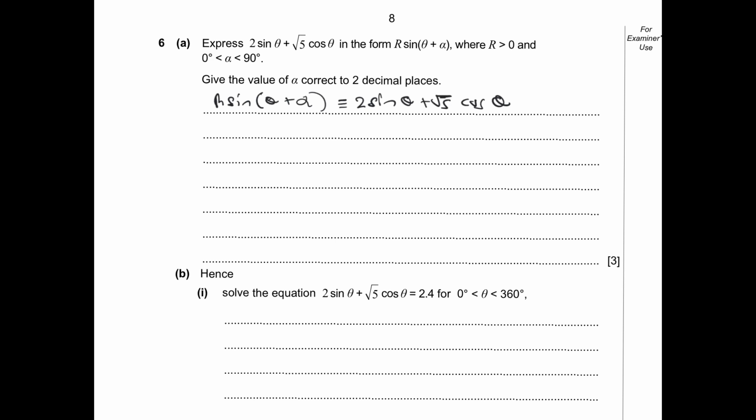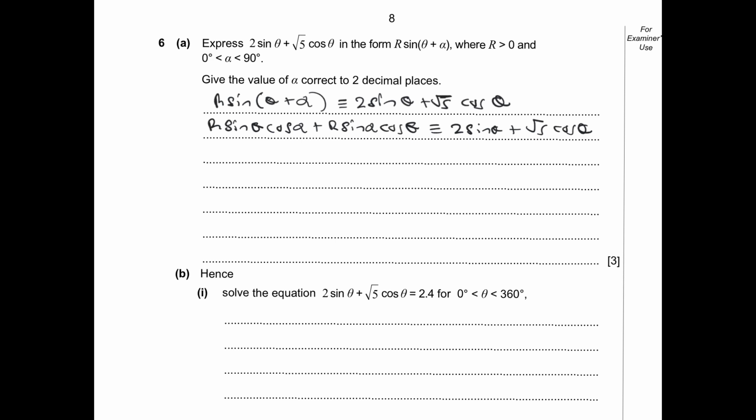If we expand this side, this is what we are going to get: r sine theta cos alpha plus r sine alpha cos theta, which is still identical to 2 sine theta plus square root of 5 cos theta.